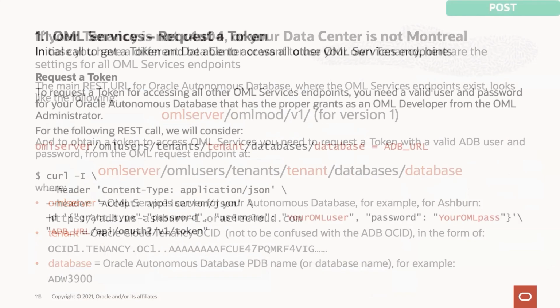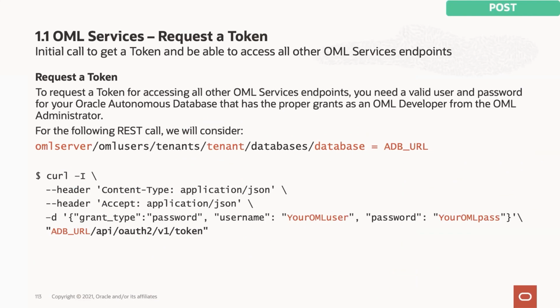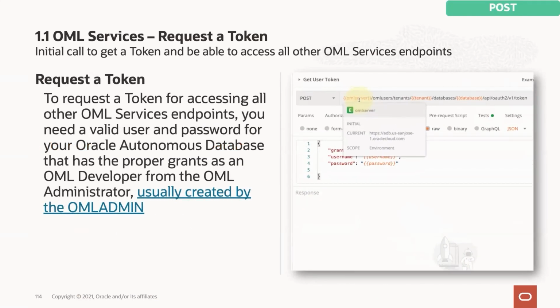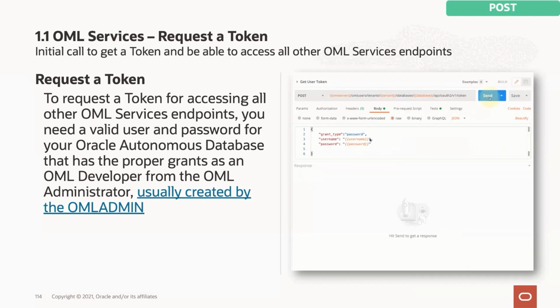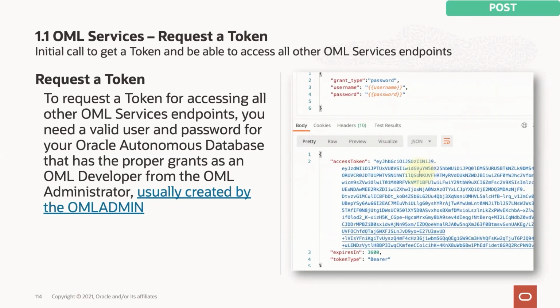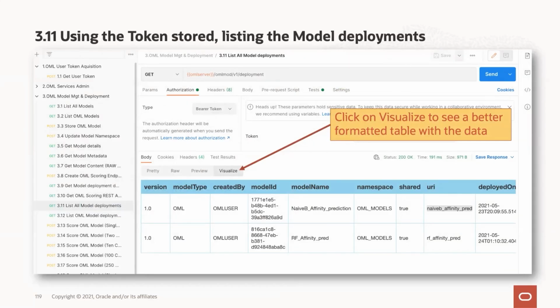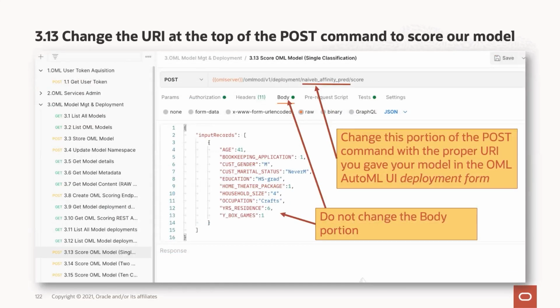So with that, you were going to be able to run a scoring with it, and then I show you how to do that, right? You pass that to your database, and you get a token first, right, out of that. And then after you get your token, you can change that portion of the post command here with your own model, the name of that model you registered.